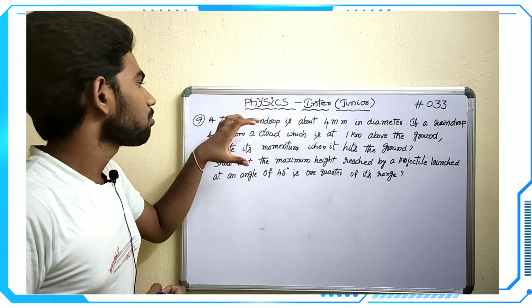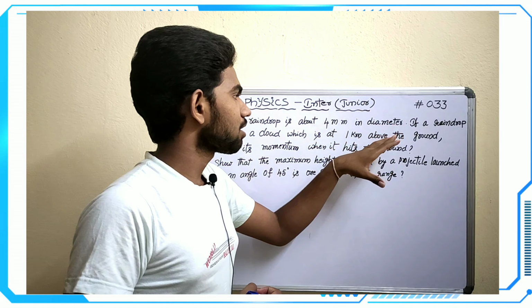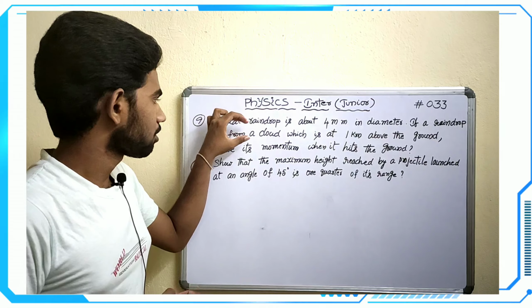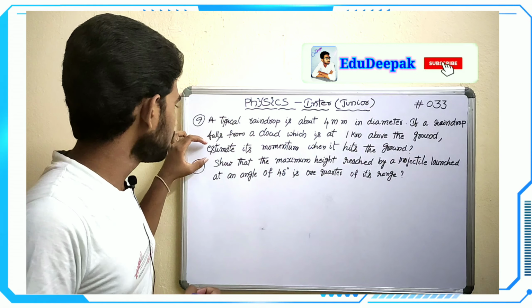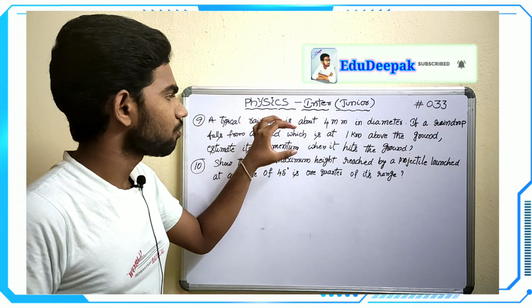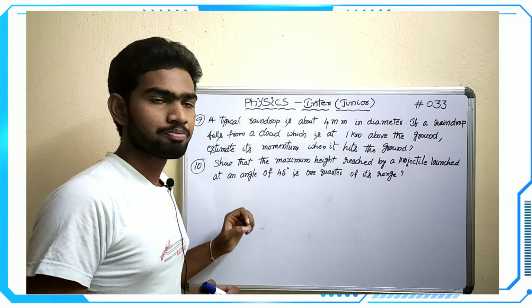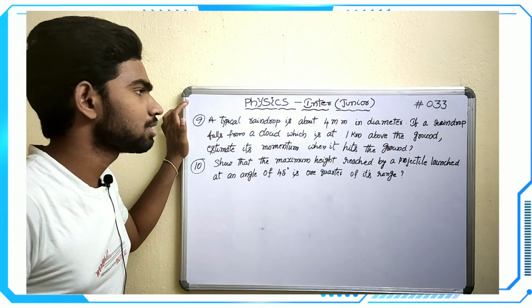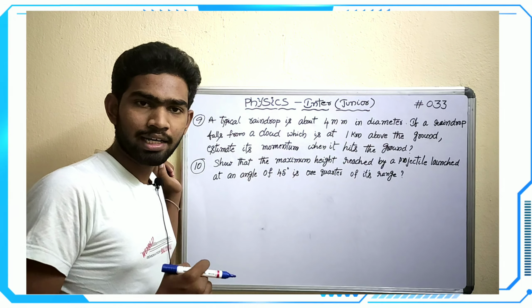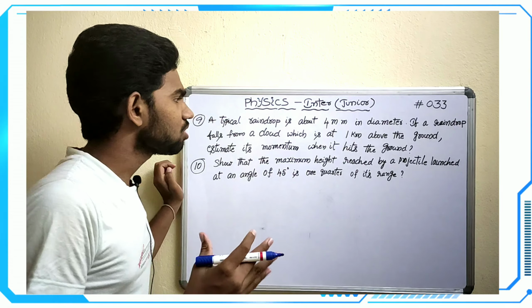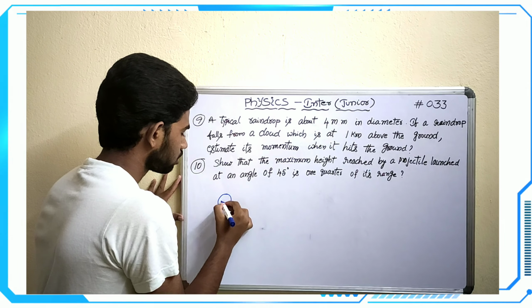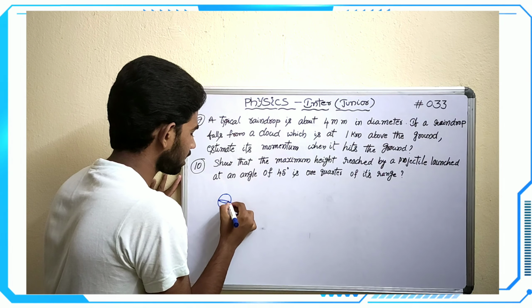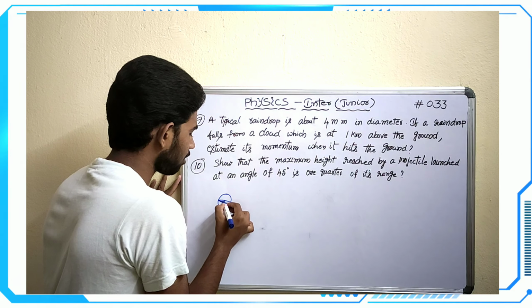A typical raindrop is about 4 millimeters in diameter. If a raindrop falls from a cloud which is 1 kilometer above the ground, estimate its momentum when it hits the ground. That means a raindrop is coming from the clouds. The raindrop will be in a spherical shape, so it has a diameter.